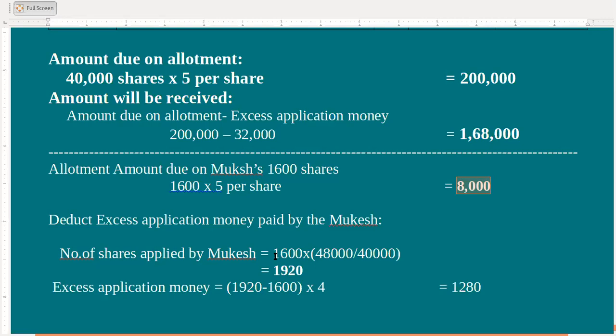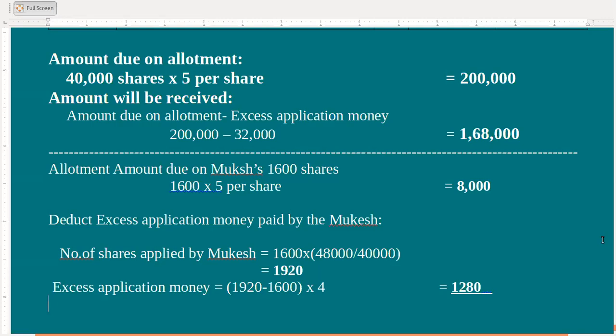We computed the number of shares applied, so then we can find the excess application money. Number of shares applied minus number of shares allotted, into application money, gives 1,280.